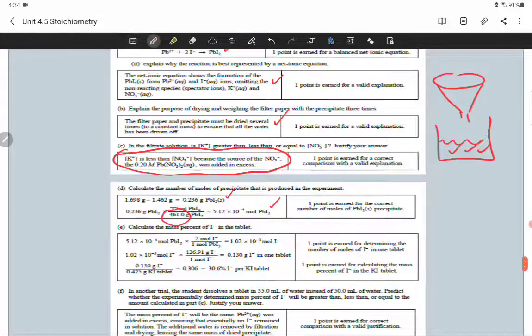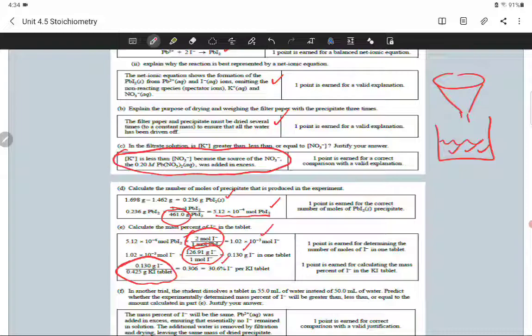And then I also mentioned that once you have the moles of PbI2, you can turn it into moles of I by the ratio of the two chemicals, and it was a 2-to-1. And then lastly, convert moles of I minus into grams of I minus with the atomic mass of I. And then any mass percent is part divided by total, and you do have to multiply by 100 to get it in a percentile.